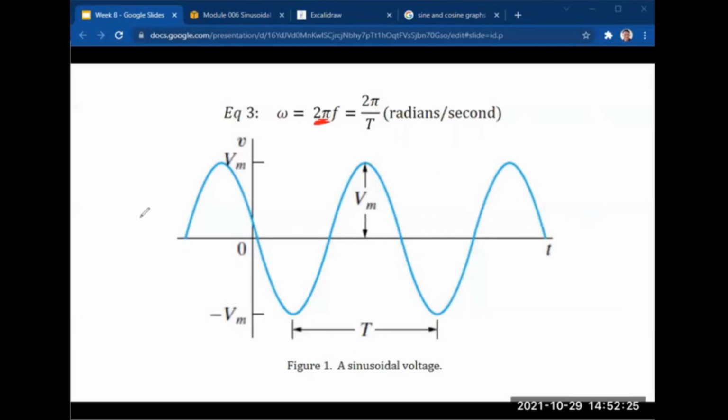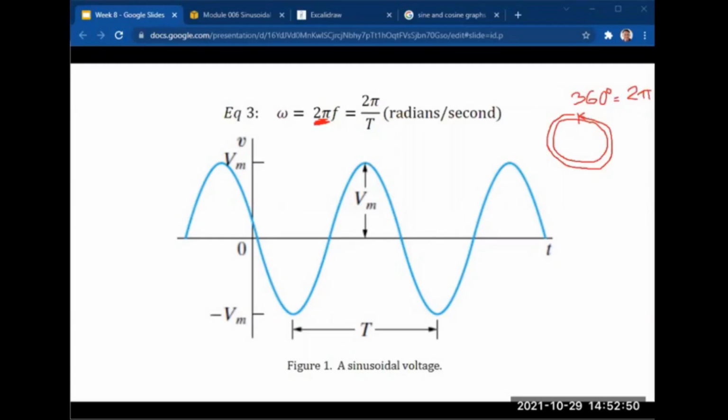In the case of our circle, if we make one complete revolution around our circle, in degrees, that is 360, right? If we convert it to radians, that is equal to 2 pi rad or 2 pi radians.